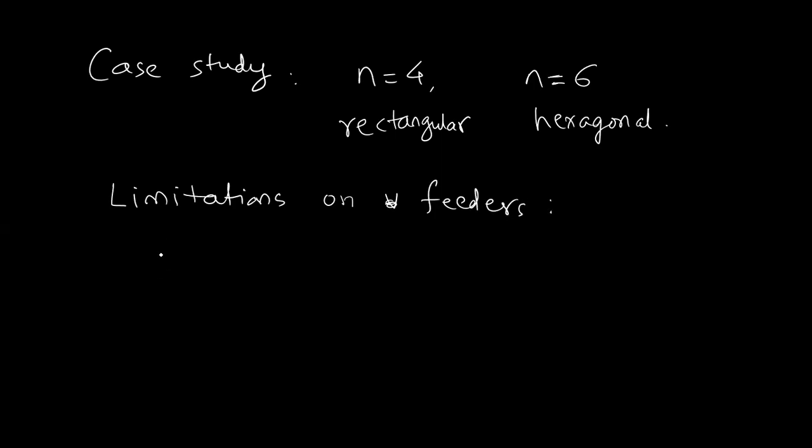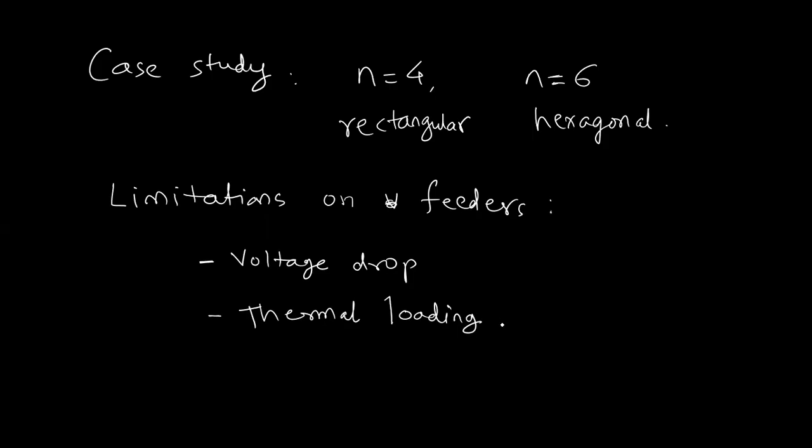There are many limitations, but the most important or relevant ones are voltage drop and the other important limitation, thermal loading. Thermal or temperature depends upon the current carrying capacity, so it is also known as the ampacity limit. Ampacity is basically ampere capacity, the current carrying capacity of the feeder.